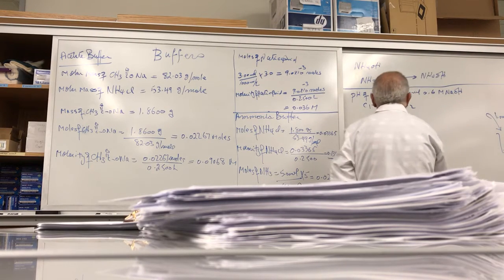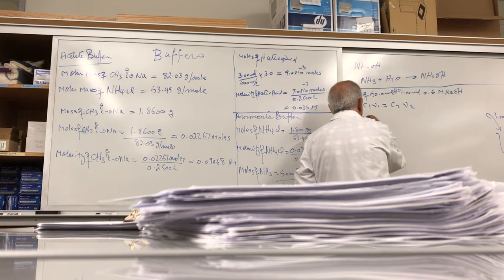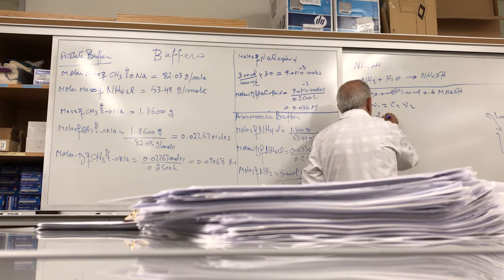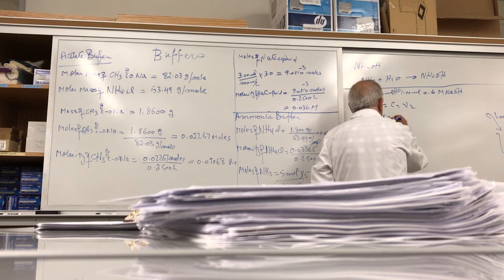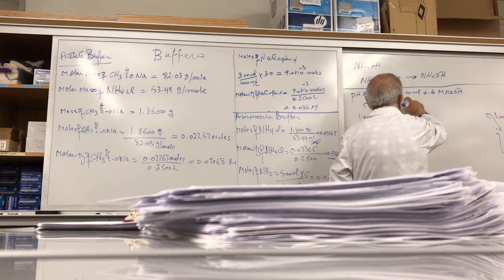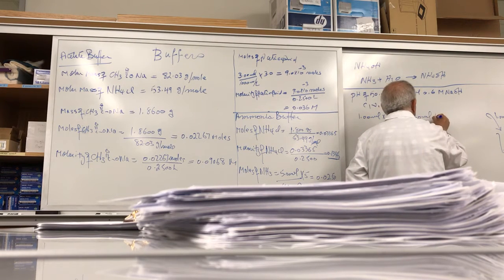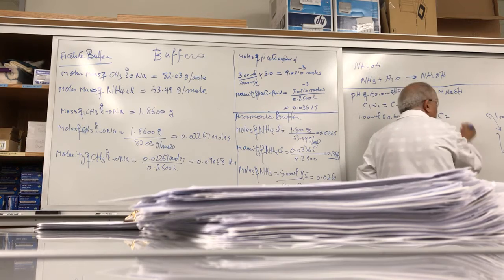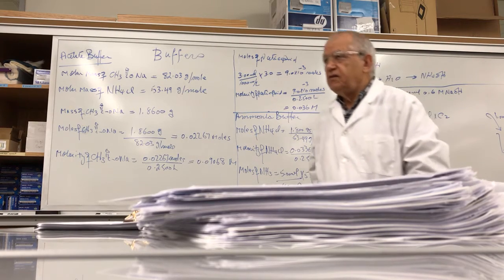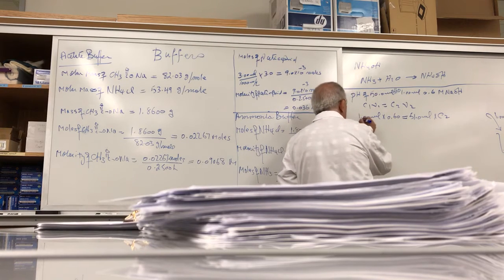So you have 1.00 milliliter times 0.6 molar equals 50 plus 1, 51.0 milliliter times C2, right? And you will find C2 here.